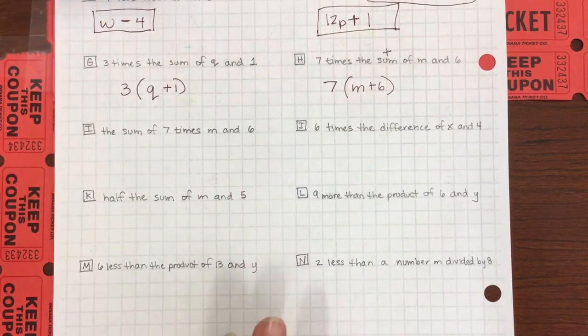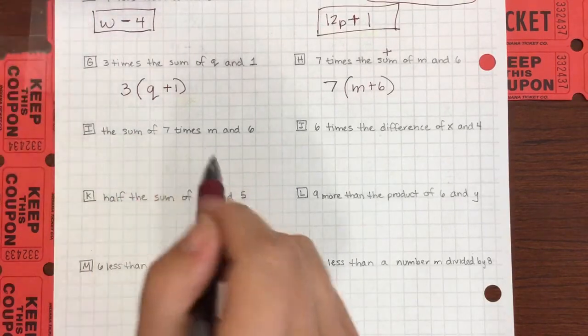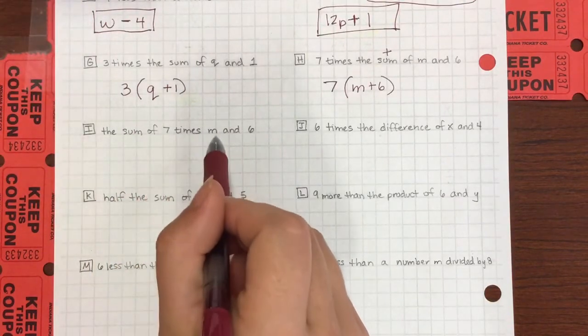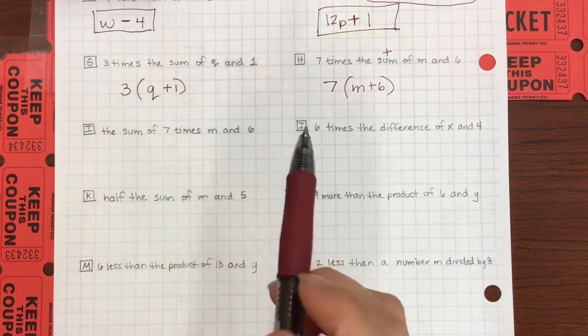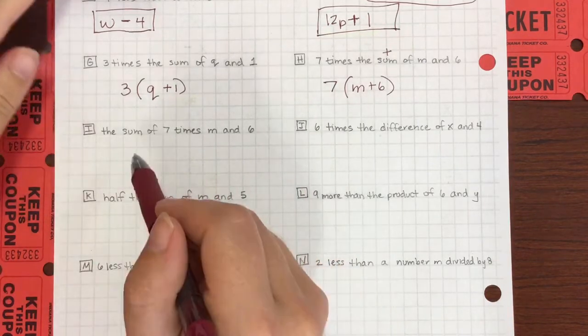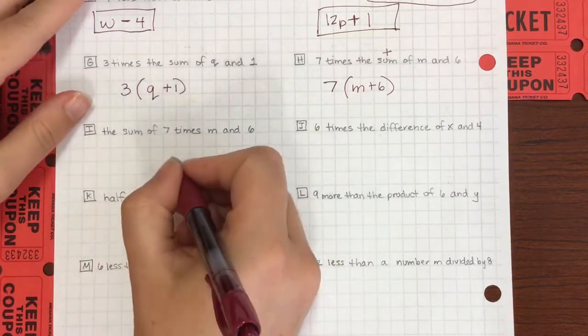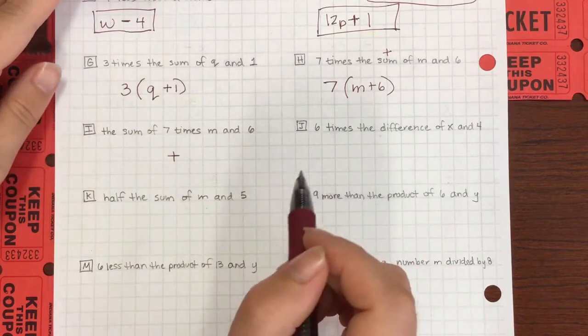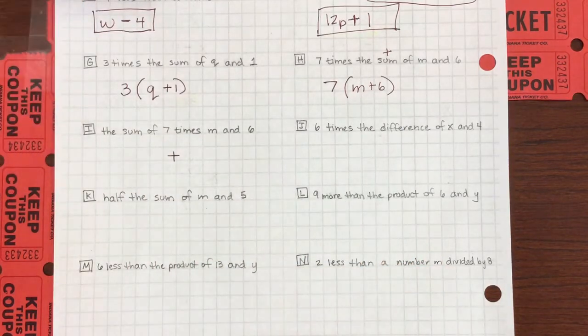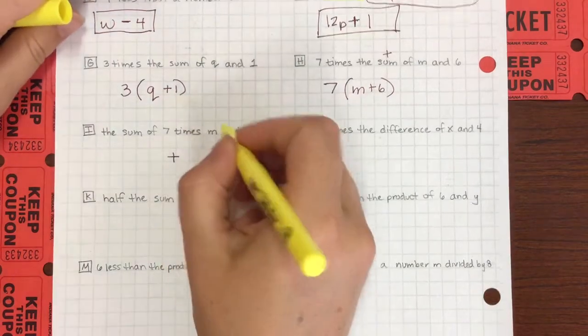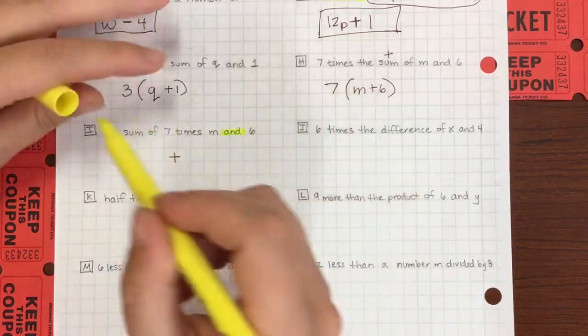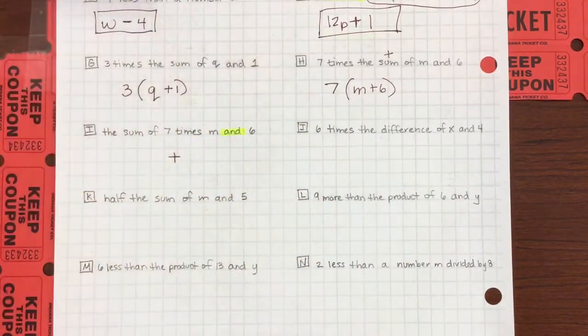Okay, the next one. The sum of 7 times M and 6. So here we have the sum means addition. And where is the word and? The word and is right here. That lets you know what comes first.